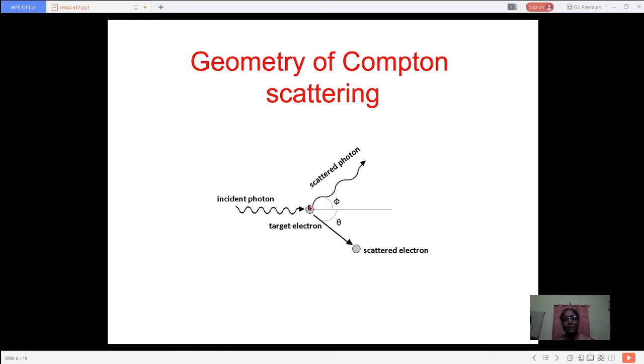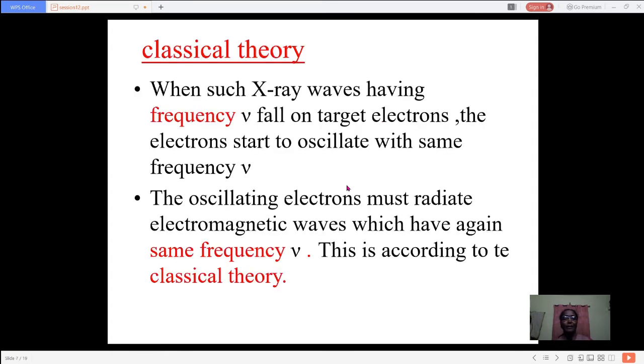The scattered photon in this particular direction is now different. There is difference in energy and therefore difference in frequency. In terms of wavelengths, the wavelengths become longer. Okay, that was the Compton Effect.